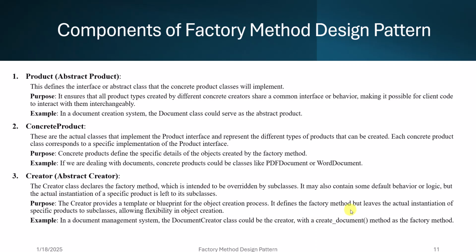It defines the factory method but leaves the actual instantiation of the specific product to its subclasses, allowing flexibility in object creation. For the same example, the document creator class could be a creator with the create document method as the factory method.